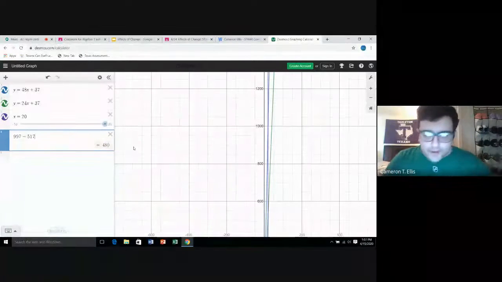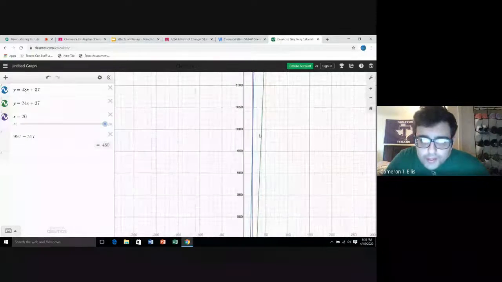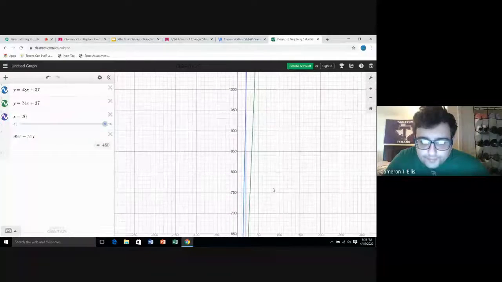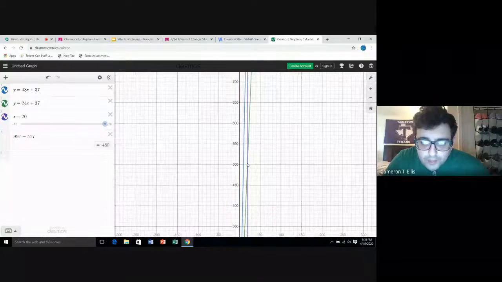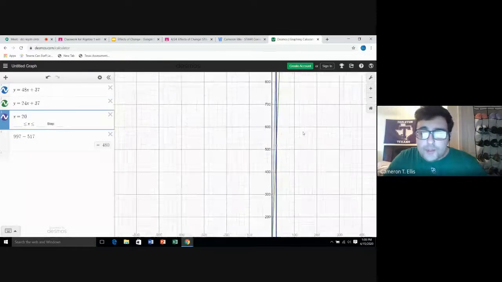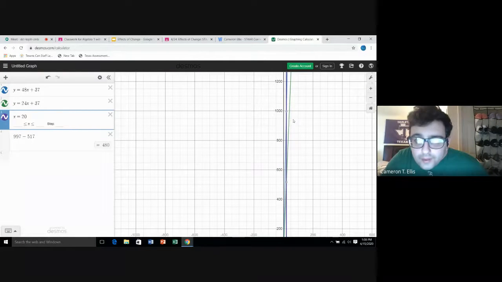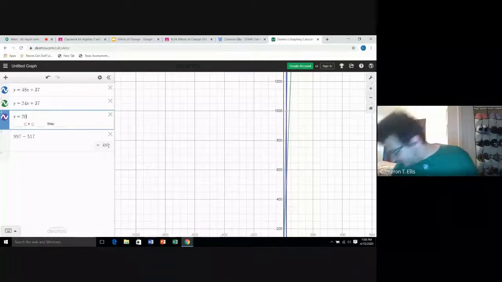What's that number right there going to be, right? Let's look. Because if we look closely, 997 is where they match up, right? And we look closely right here, 517 is where these match up, right? And if you zoom out, your graph will kind of show you, right? 997, 517, you subtract them, you get this number. I think that's going to be your answer.